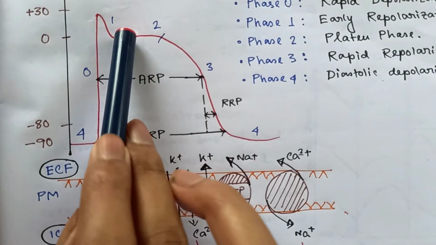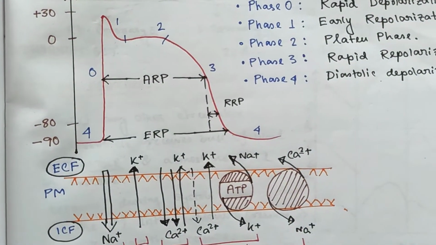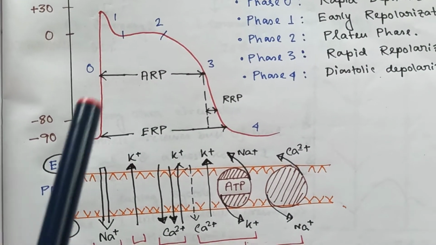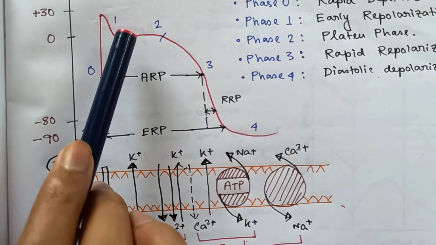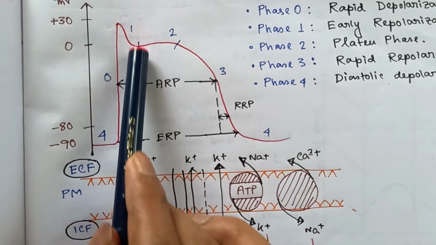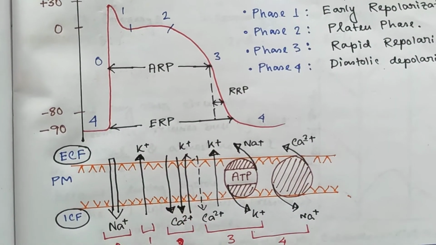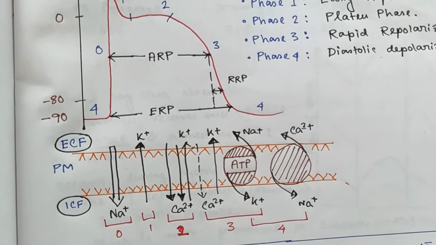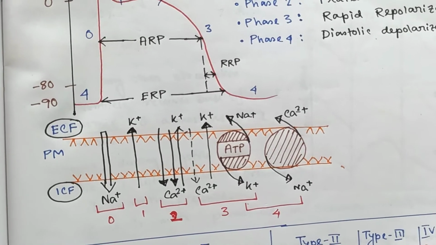Next, the plateau phase or phase 2. At the end of phase 1, the voltage sensitive L-type calcium channels open. So, now it causes a slow inward current.